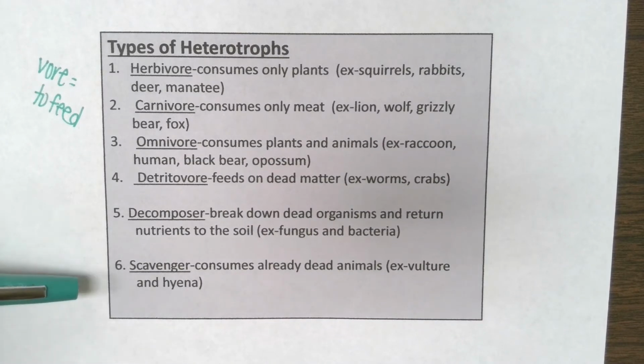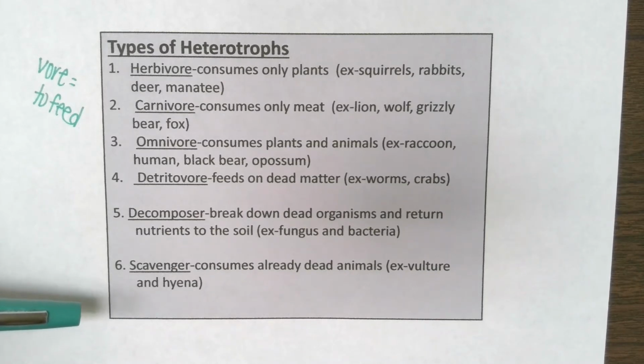Then scavengers are essentially animals that consume animals that are already dead. So vultures, the only true scavenger around here, are going to circle maybe over a dead animal and then fly down and pick it apart, like a dead deer. Think of if you've seen an animal on the side of the road that's been hit by a car and then you happen to see a vulture feeding on it.